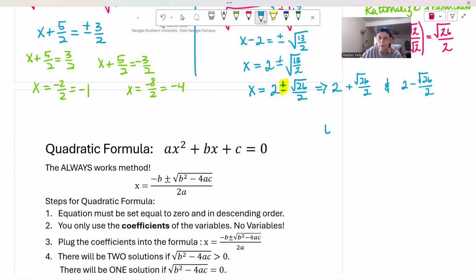So let's do one more like this, complete the square: 5x squared plus x minus 1/10.